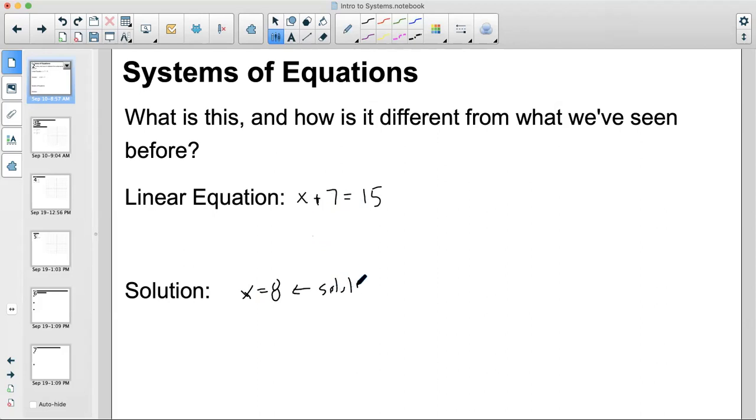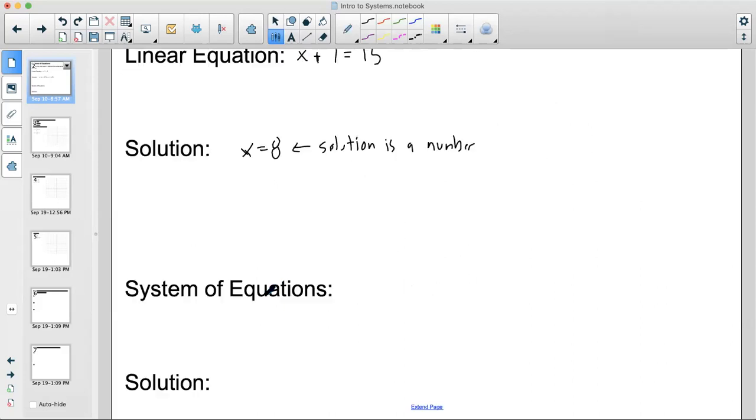The solution is a number. The set of solutions to this is just equal to one number. Systems of equations, though, have two variables and always come in pairs of two. So it'd be like x plus y is 15 and x minus y is 1.